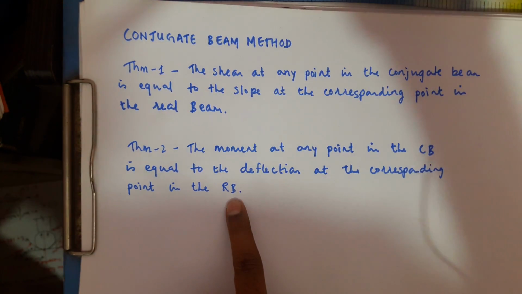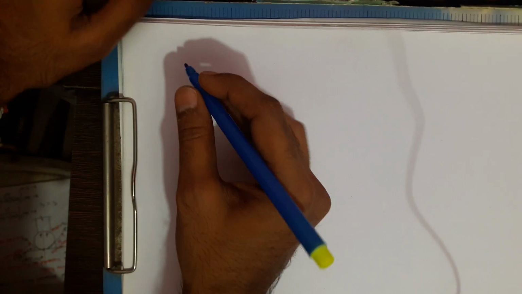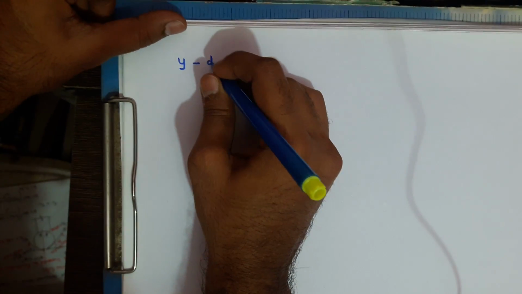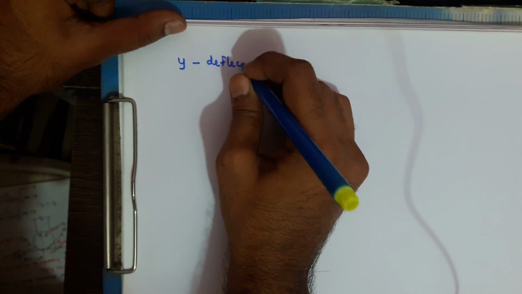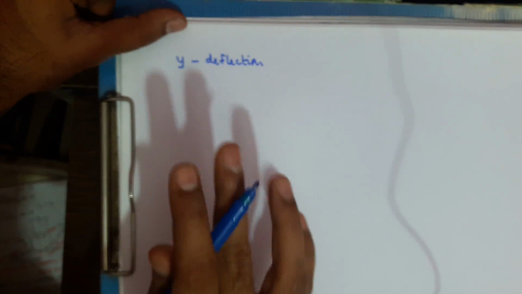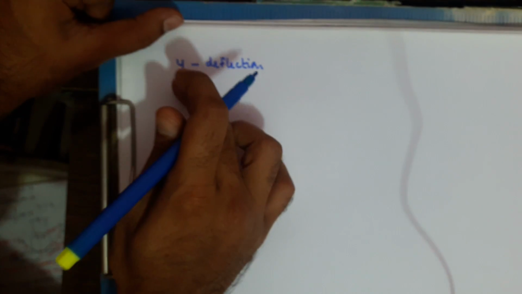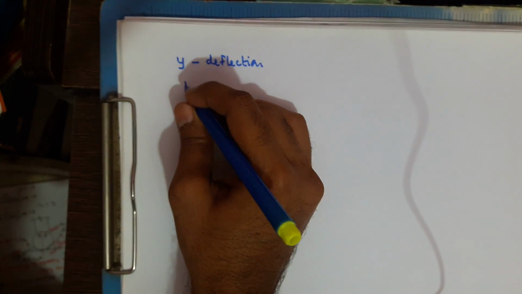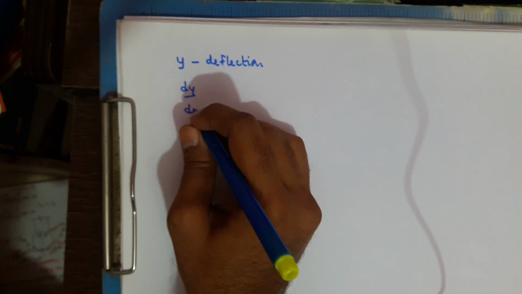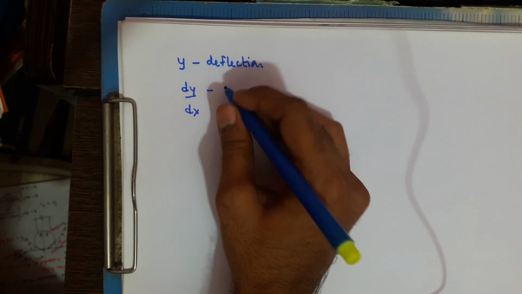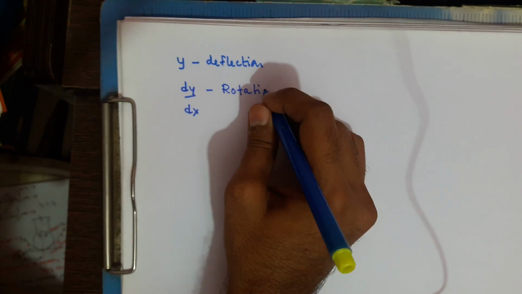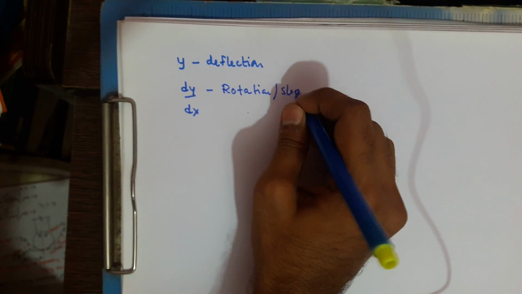Okay. Now class, here if I take y, and this y is the deflection in the beam. When I differentiate this y with respect to x, it will be dy by dx, which will be equal to rotation or slope.